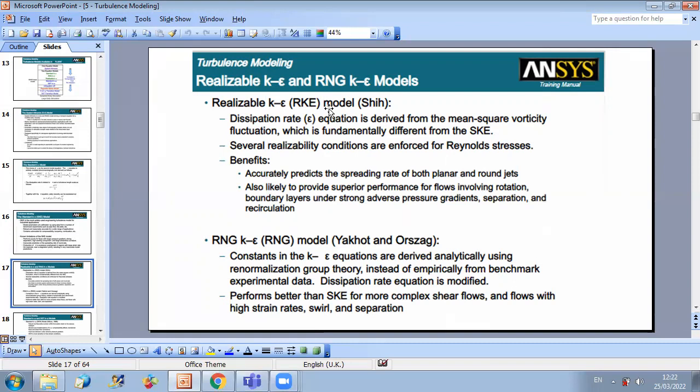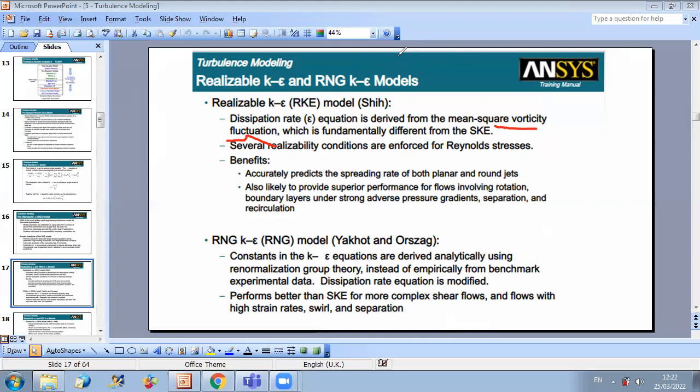So first, the dissipation rate epsilon equation in this model is derived from the mean square vorticity fluctuation. So we took into account the vorticity fluctuation, which will help us tackle more complex situations that the standard K epsilon model was not able to go over. So this is the main difference between realizable and standard K epsilon.